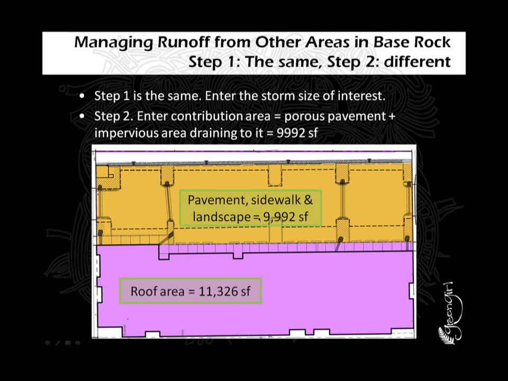I don't have to include the landscape area, but it was easy to draw a box around this really quick. The landscape area is pretty small, and if I get somewhere close at the end of the model where I think things aren't working out, but they could possibly work out if I removed that area, then I'll go back and massage this. So let's see, roof area 11,326.